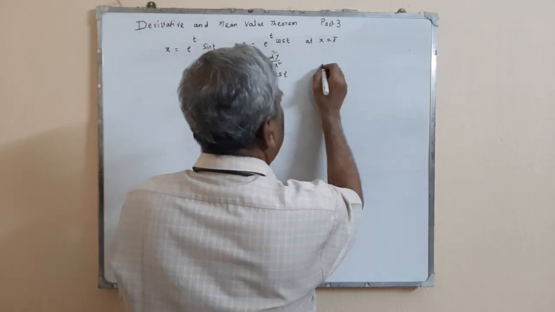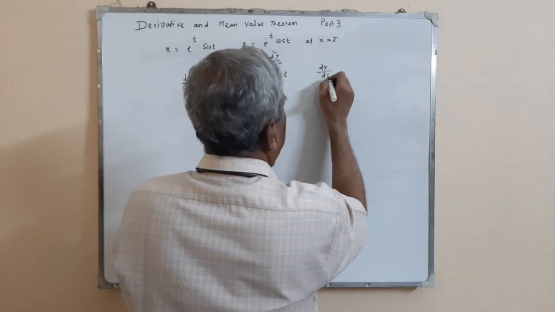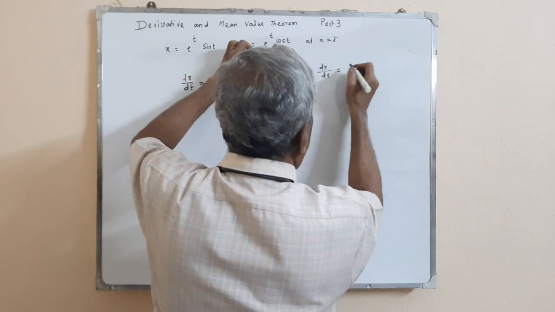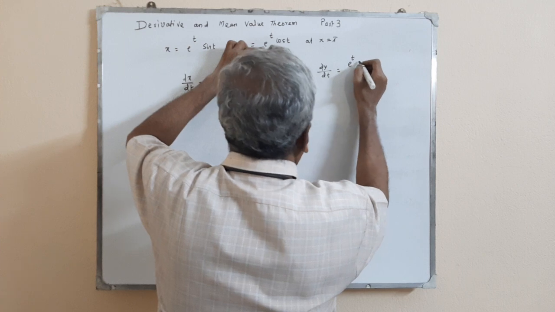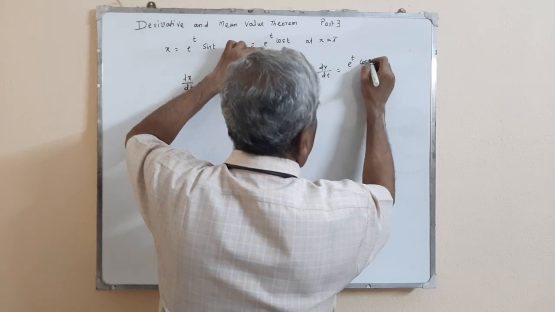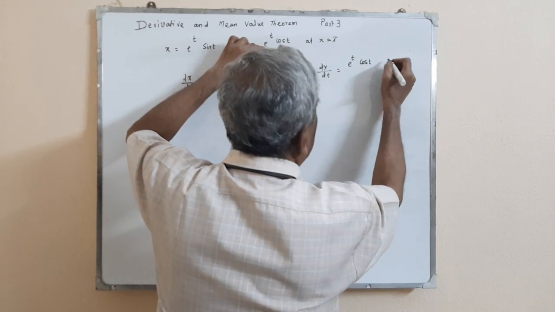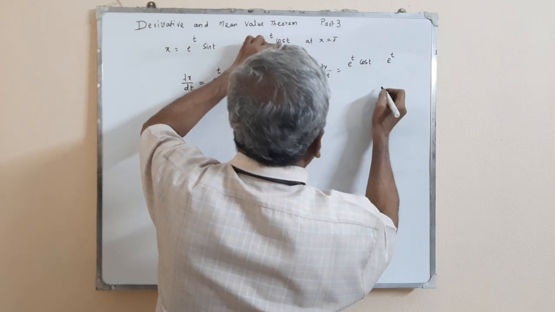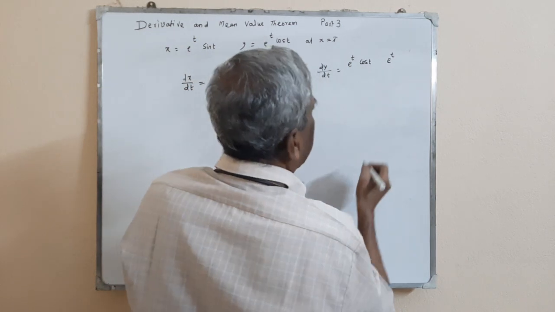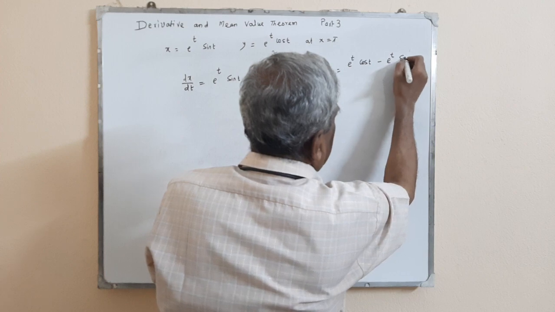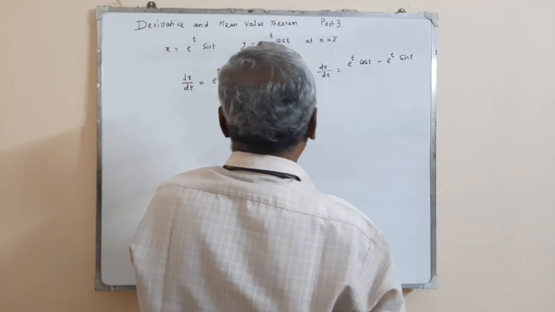Similarly, dy dt is equal to e to the power t into cos t intact plus e to the power t into the derivative of the second, which is minus sin t. That's why it is minus sin t.